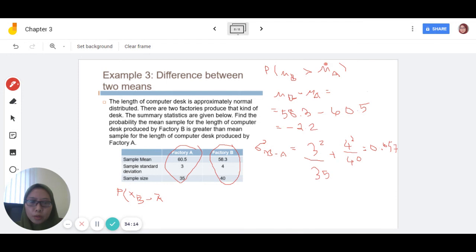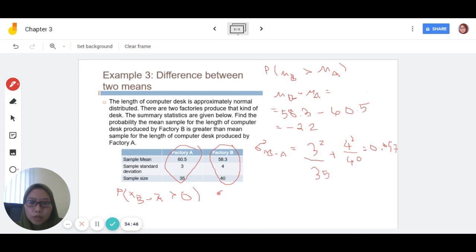This is just mathematics: once you cross to the other side, it becomes mu B minus mu A, and this becomes more than 0.